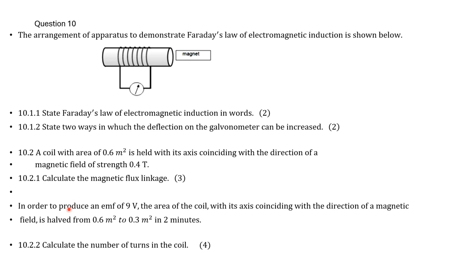Then they say in order to produce an EMF of 9 volts, the area of the coil with its axis coinciding with the direction of a magnetic field is halved from 0.6 meters squared to 0.3 meters squared in 2 minutes. So we have a change in magnetic flux. Calculate the number of turns in the coil. So we're going to use the EMF equation, E equal to minus N, change in phi over change in t.